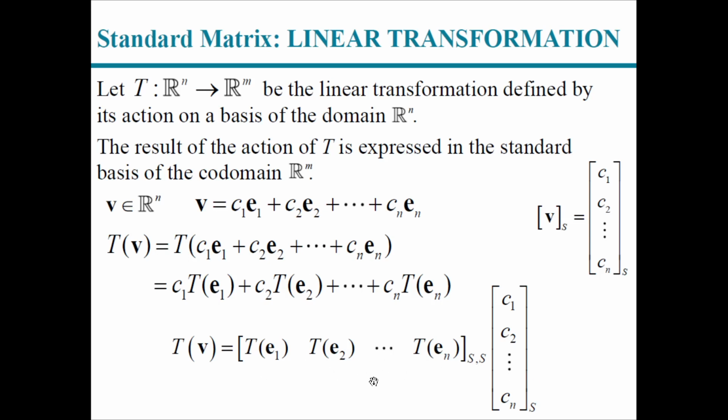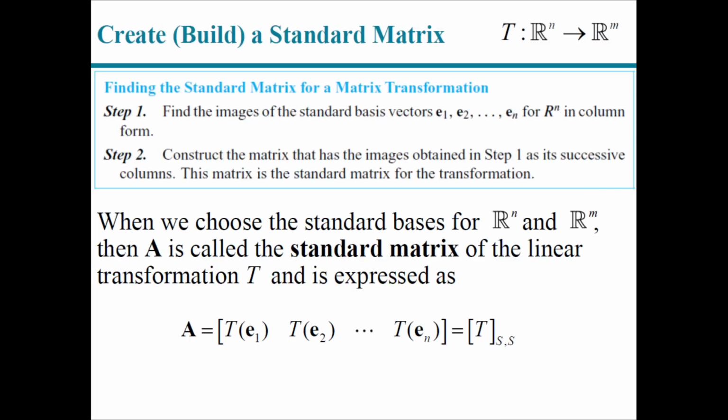And this matrix here is going to be called a standard matrix. It is a matrix of images of standard basis vectors. More formally, if we want to build the standard matrix, and we have standard basis for both domain and codomain, all we need to do is apply the linear transformation to the standard basis vectors and put the results in the columns.